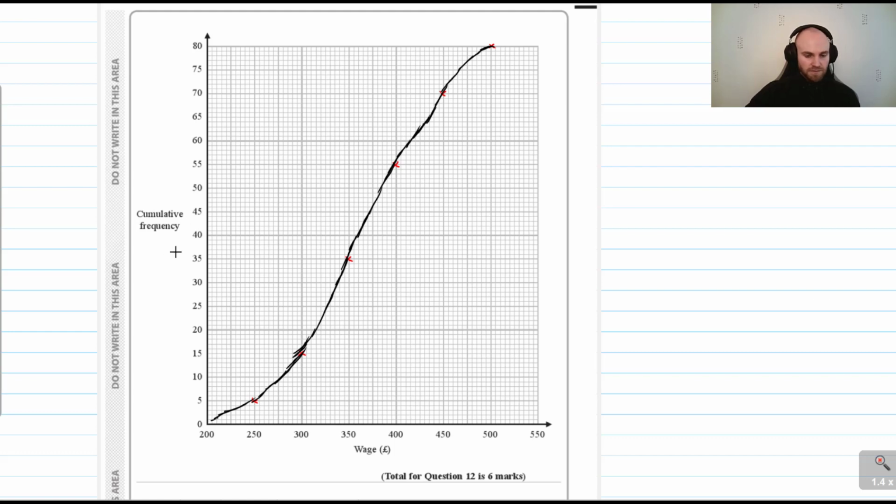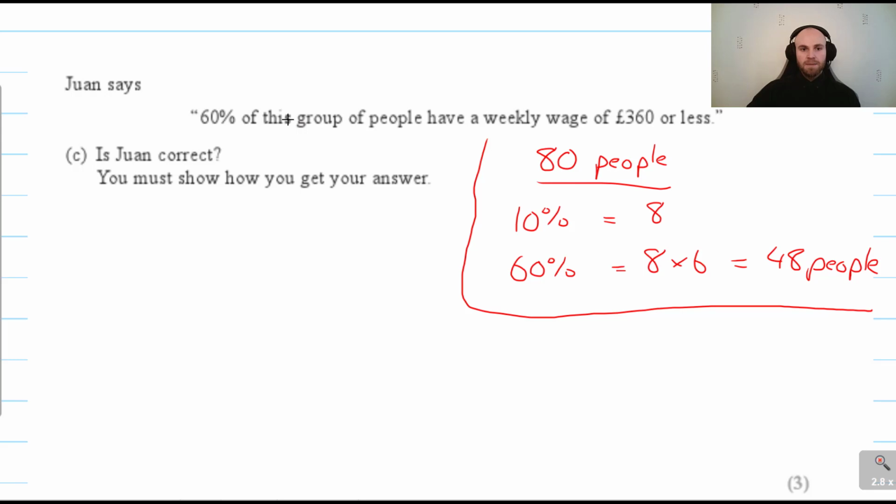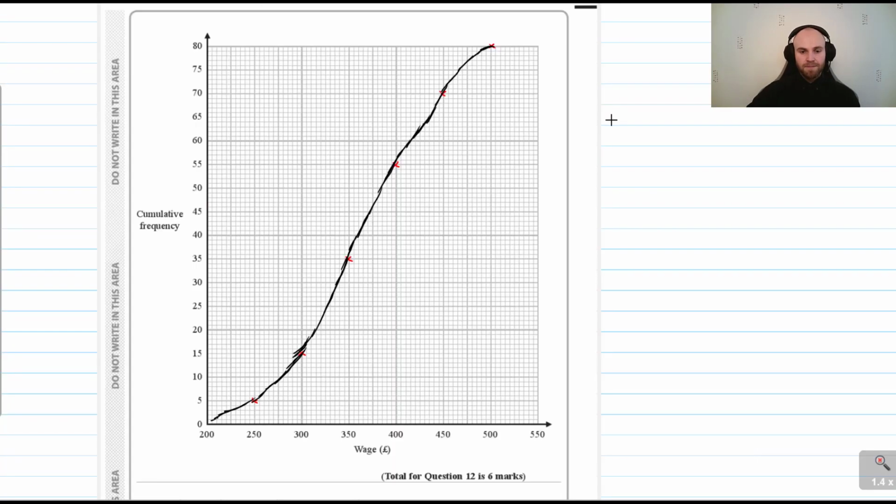And what did he say? So he said 60% of this group will have a weekly wage of £360 or less. So I'm just going to draw in that line now. I'll draw it in green. So we're going to find 360. Well, if this is 350, this is 400. I think it's going up in fives. So 360 is going to be this one here.